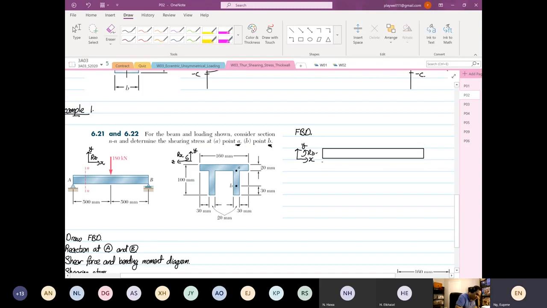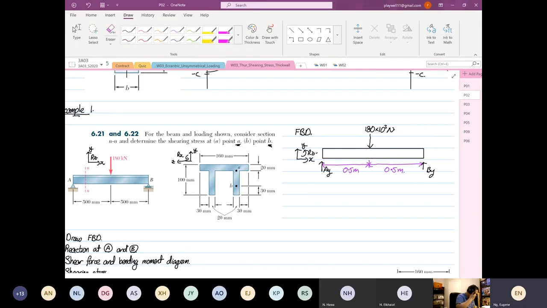This is our AY, and this is our BY. And then we have a load coming down, and this load coming down is at 180 times 10 to the power 3 Newton. And then we have a fixed set of geometries. This is equal to 0.5 meters, and the other one is equal to 0.5 meters.